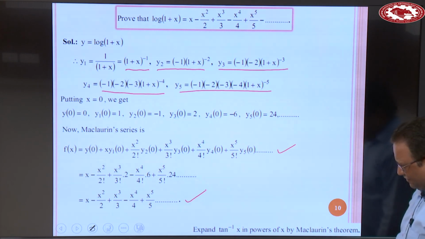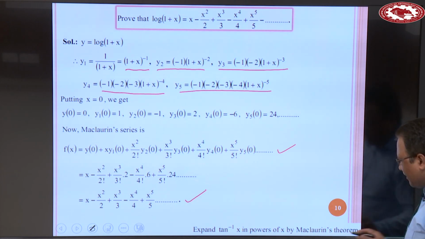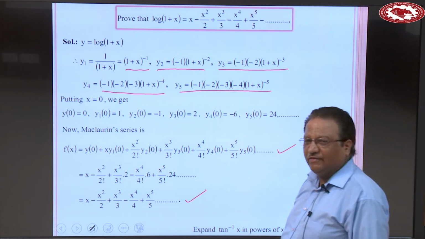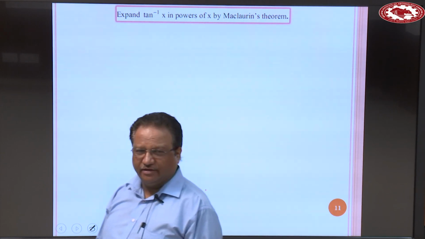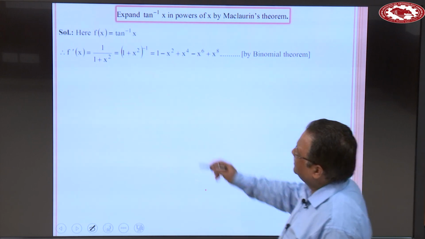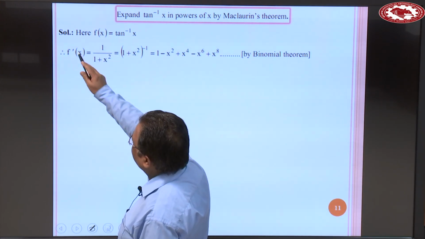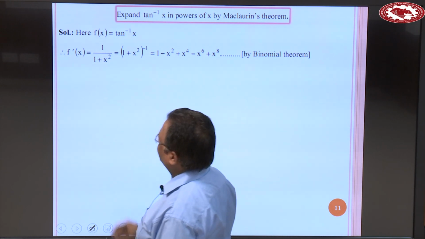Now one more question. Expand tan inverse x in powers of x by Maclaurin's theorem. Tan inverse x, we know this function. The derivative of tan inverse x, f dash x, is 1 over 1 plus x square.